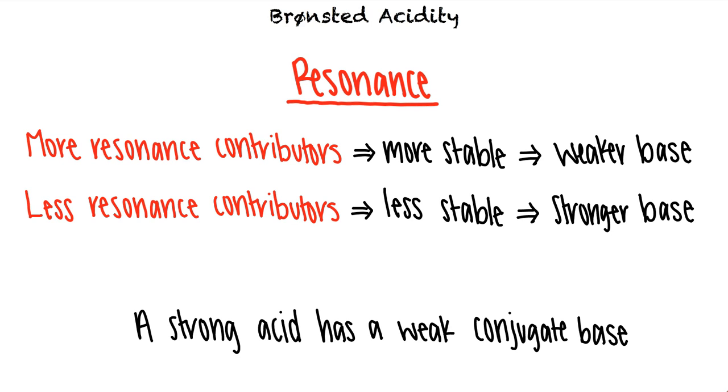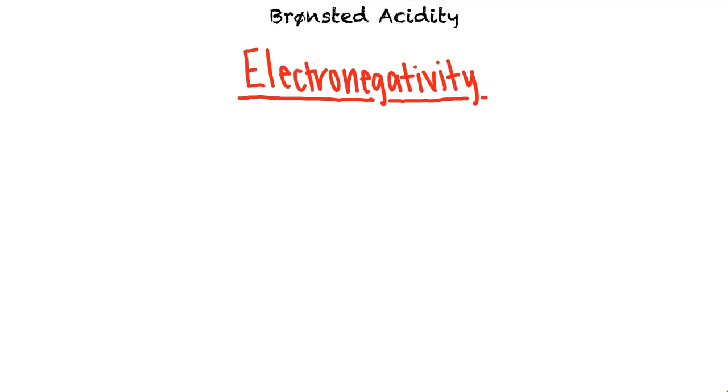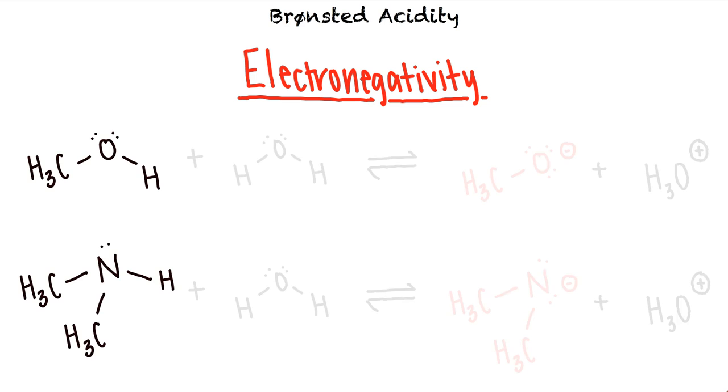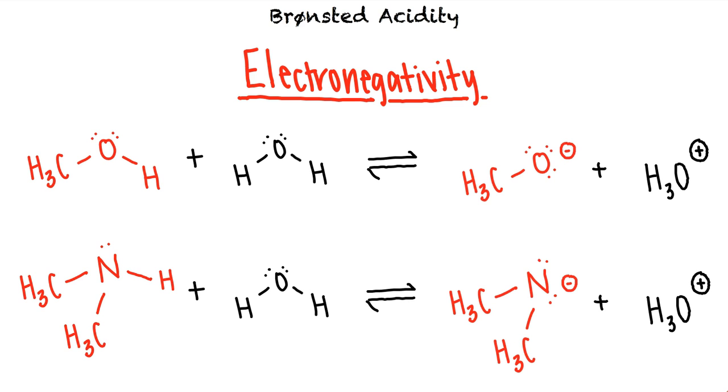Another factor that affects the stability of conjugate bases is electronegativity. Let's compare two molecules. If we want to decide which is the stronger acid, we should look at the conjugate bases of each. The key difference here is that oxygen is more electronegative than nitrogen.